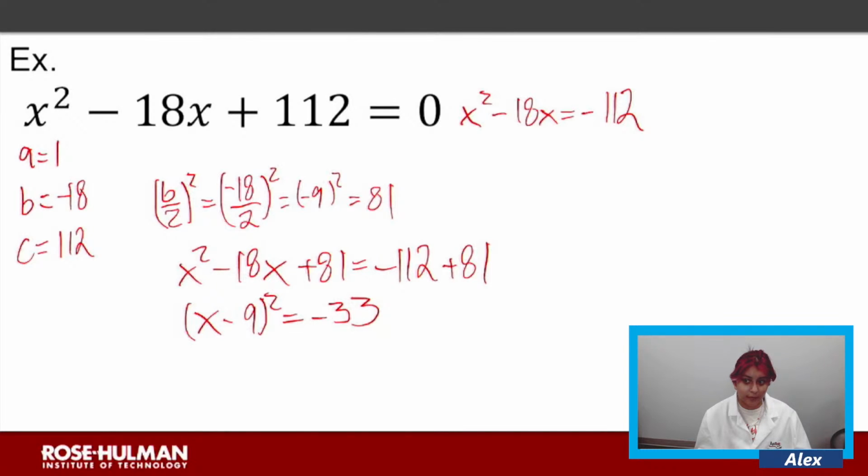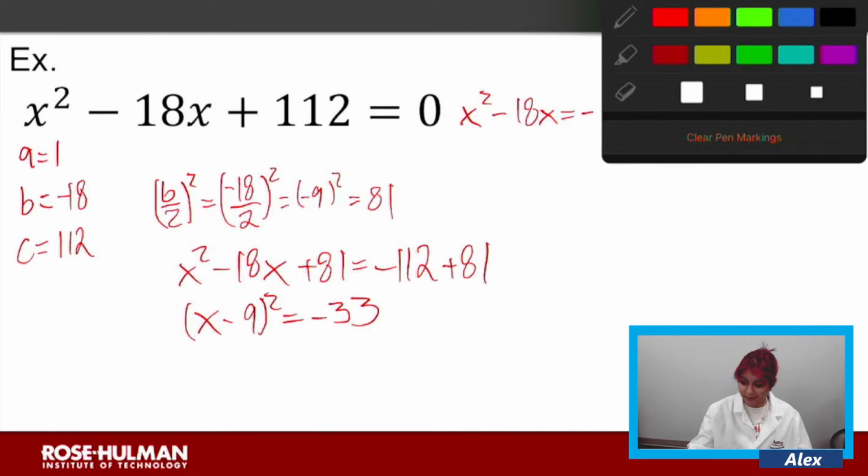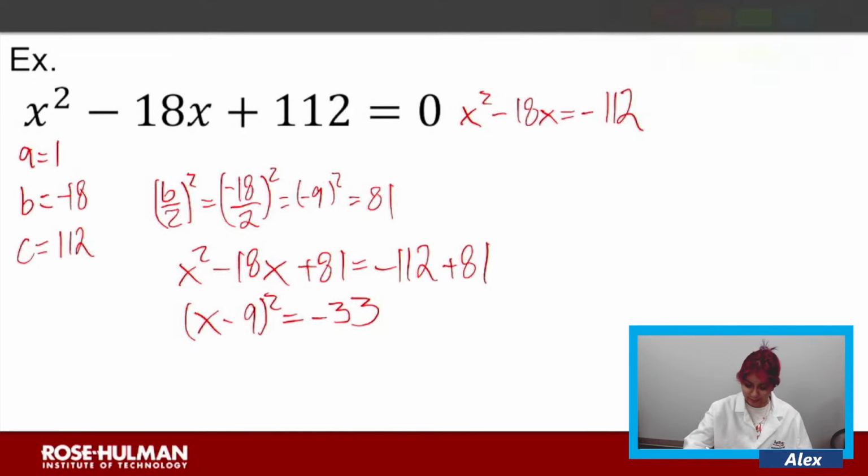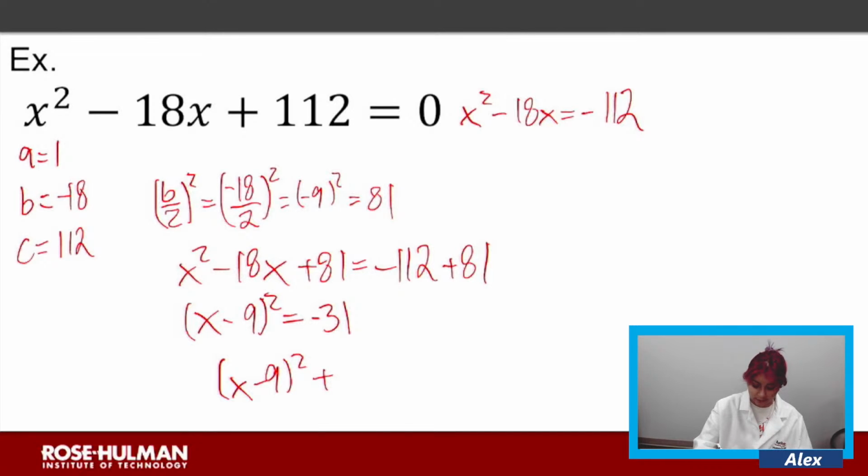Sorry, negative 31. Even civil engineers make mistakes sometimes. Negative 31. So with this being said, we can now rewrite this back into our vertex form, put everything back on the left side, and we have the quantity x minus 9 squared, plus 31 equals 0, and we just completed the square.